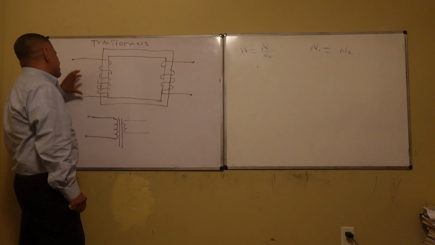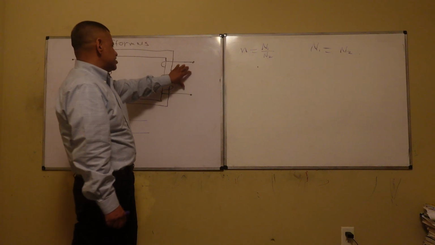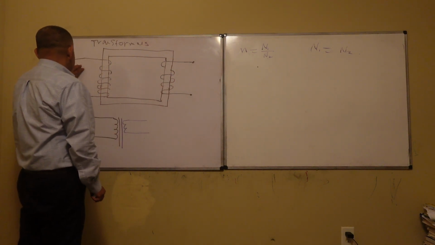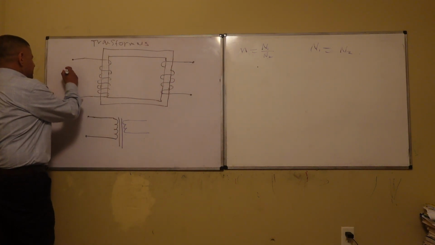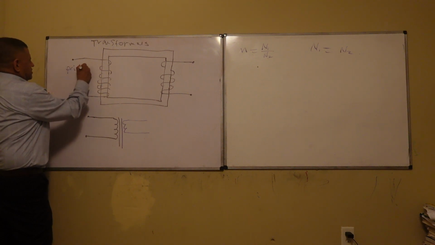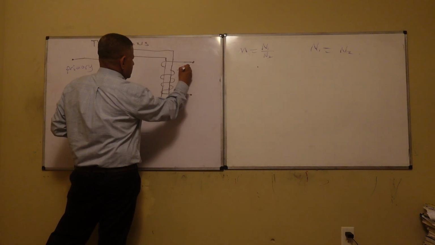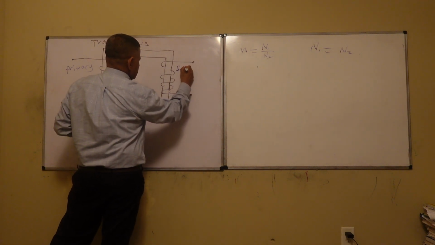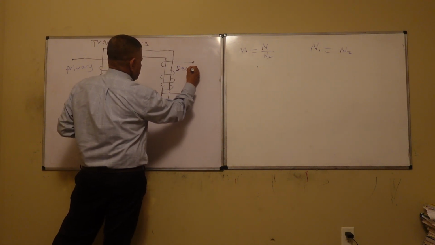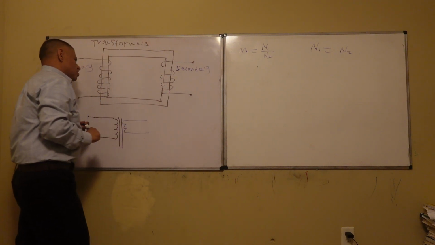In this case, we have more turns over here and less turns over here, so this is called the primary and this is called the secondary.